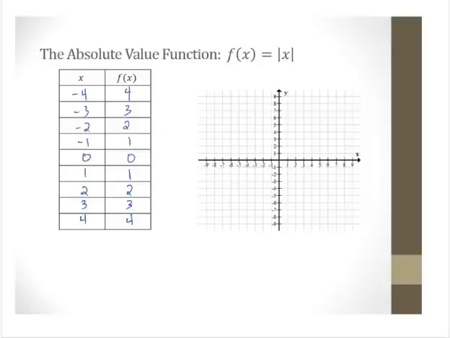We'll plot these points. And we get this V shape. Each of those parts of the absolute value are straight. So I'm using a straight edge to draw this.